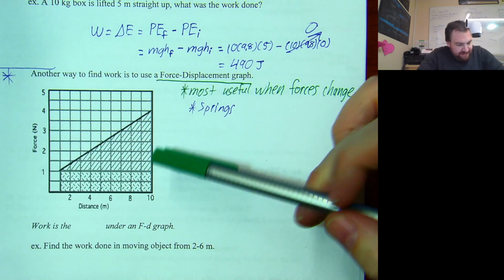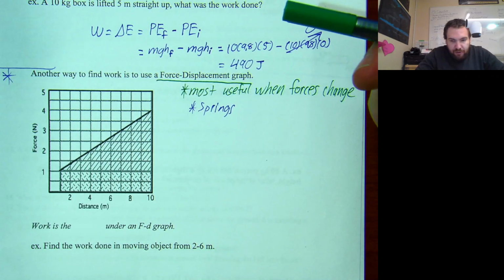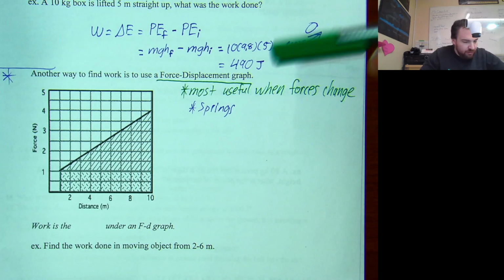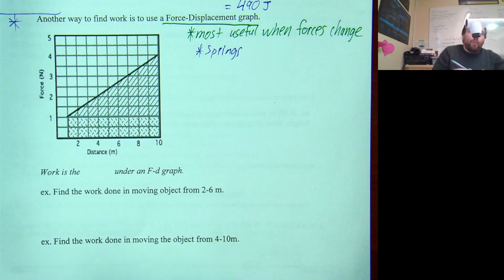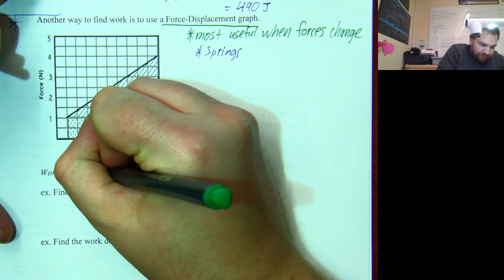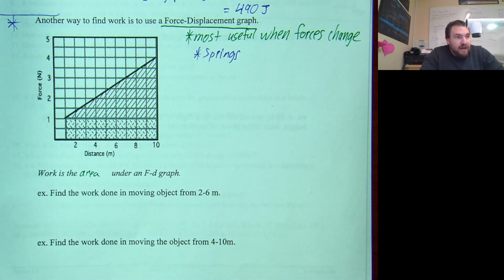So if I give you a graph like this and I say, okay, what is the work being done here? I've already kind of outlined it for us here. Work is the area under a force distance graph.